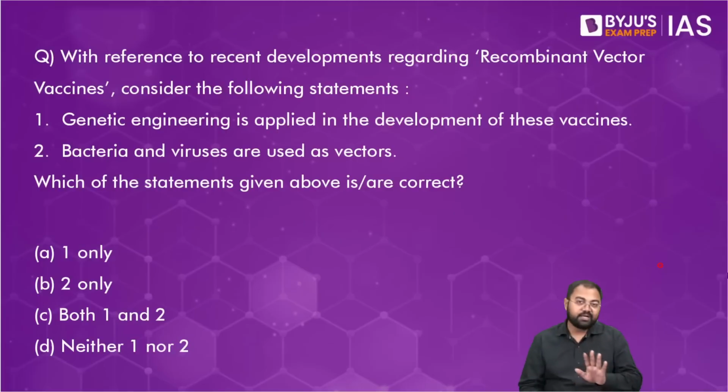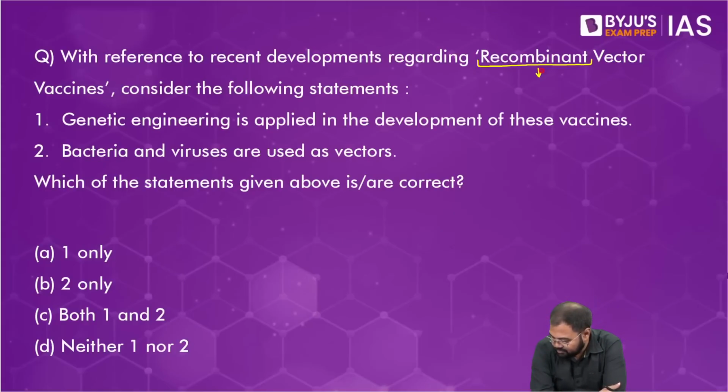Now, I know that we have not discussed what recombinant vector vaccines are, but let's look at the words that we have here. Recombinant. Where did we see this word recombinant? In biotechnology, right? While discussing what in biotechnology did we come across this word? Yes, transgenic plants, correct?